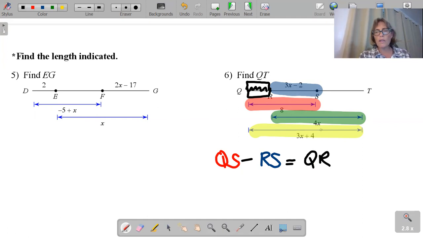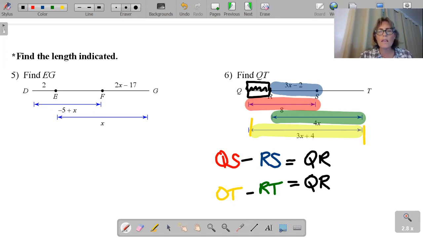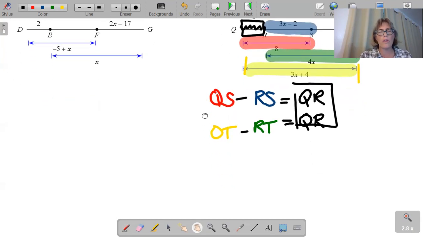The yellow big segment QT minus the green, which is RT, also equals the leftover segment QR. If things are equal to the same thing, they are equal to each other.